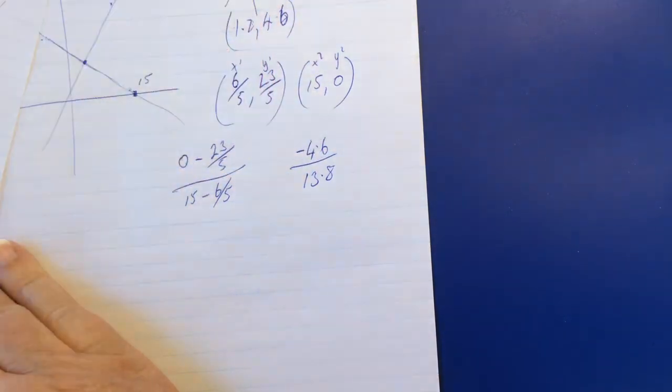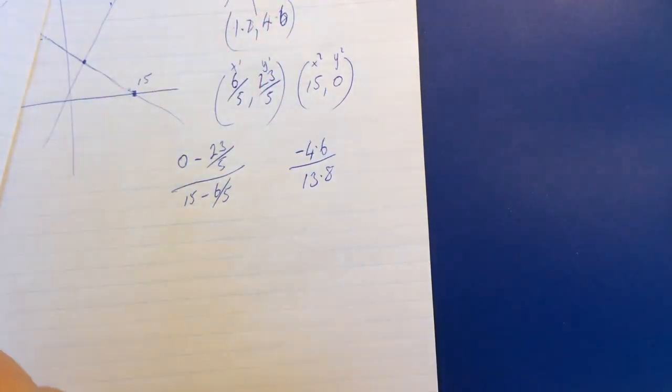Okay, so let's get out the calculator and find this gradient. Negative 4.6 divided by 13.8.